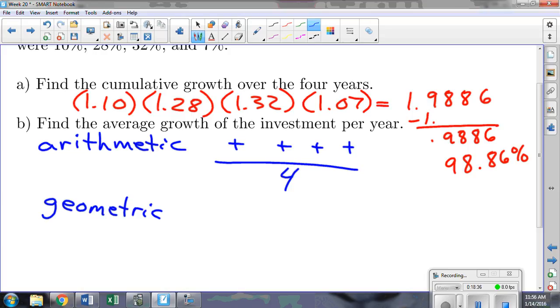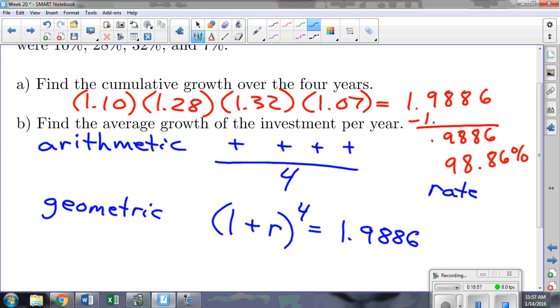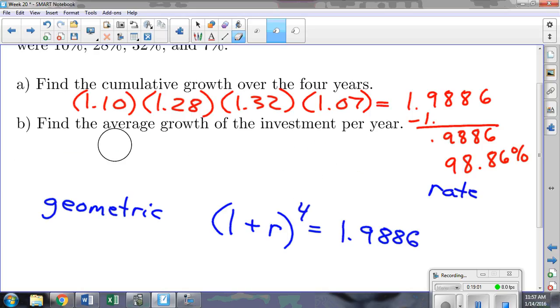And in that instance, we're looking for what is the interest rate that would get used 4 times. In this instance, we're looking at 1 plus the interest rate, compounded 4 times, will give us this 1.9886. Using the geometric average, we will be able to figure out the average percentage rate.